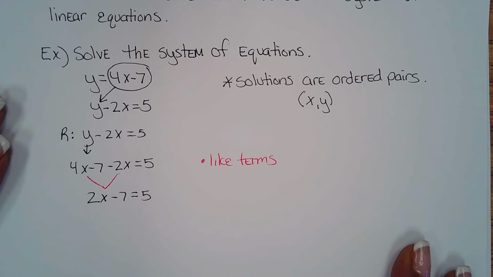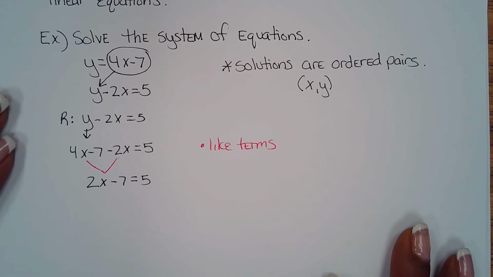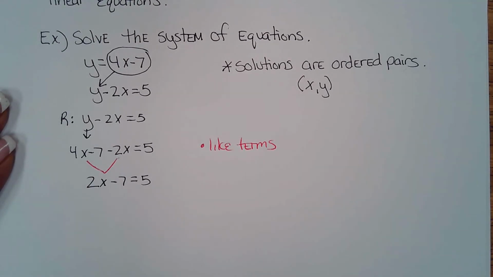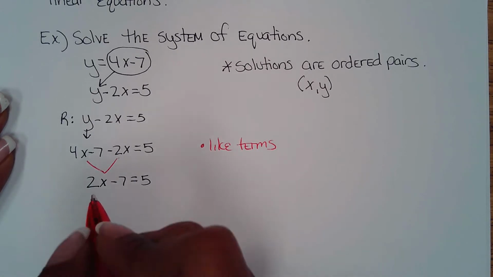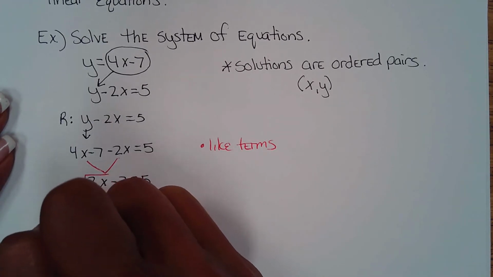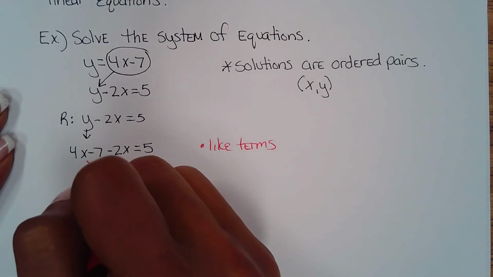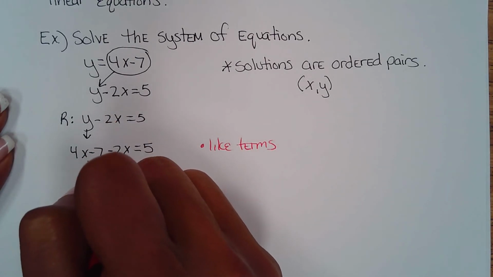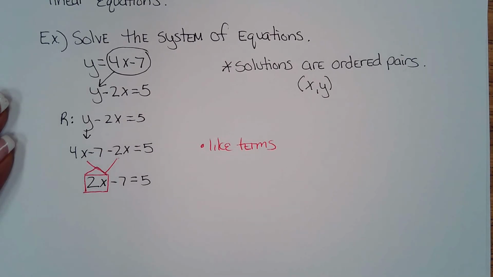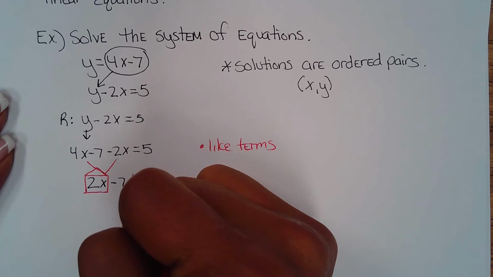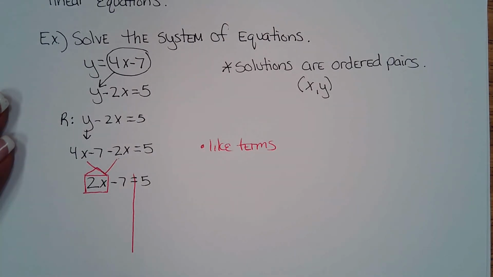All right, once you do this, I'm going to go back to using my strategy with the house. I'm going to put my house around the term that includes the variable that I'm trying to solve for. And of course my equal sign is where my road or my street goes.